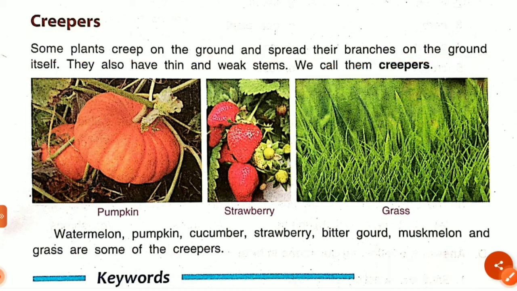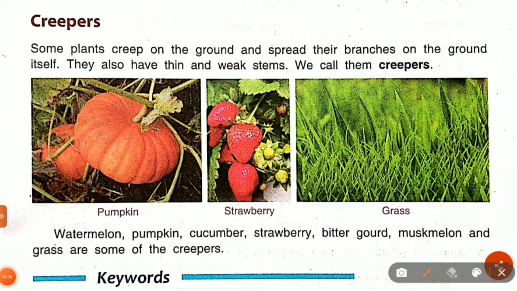These plants can grow, but they cannot grow straight or stand like climbers. Climbers, if there is a support, will go around it and climb up. But creepers have a very weak stem.